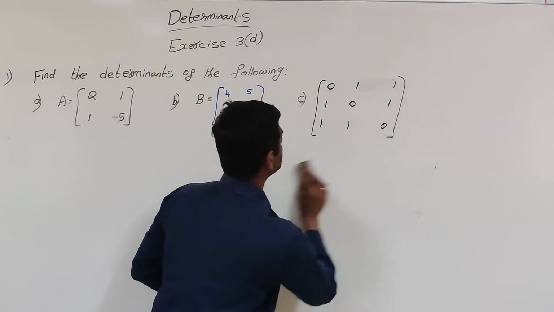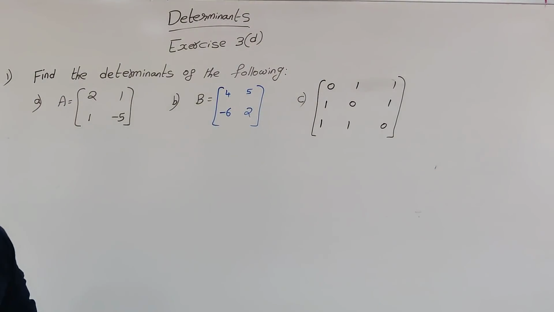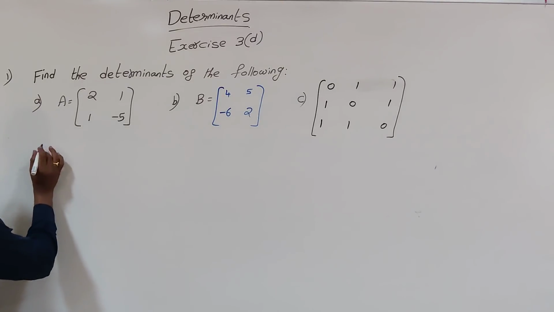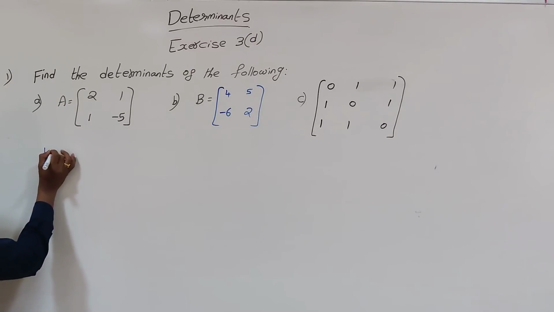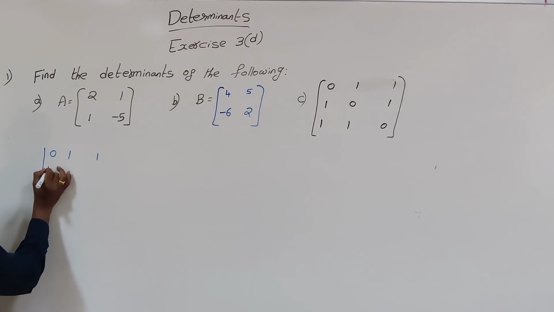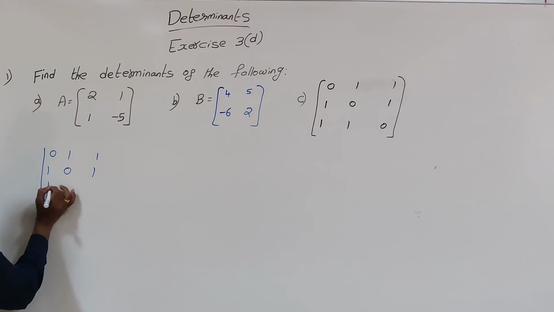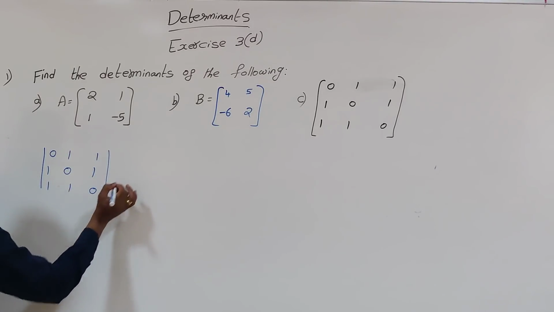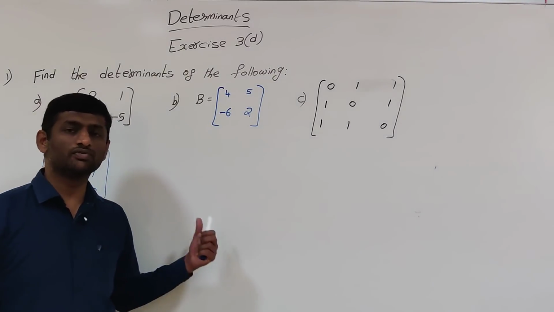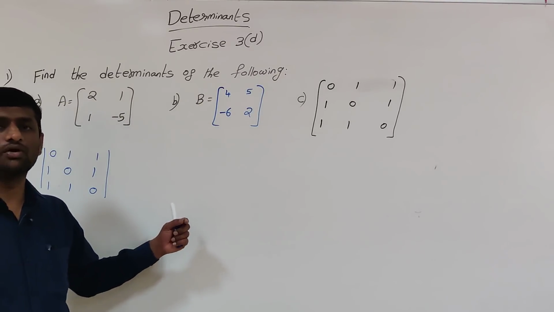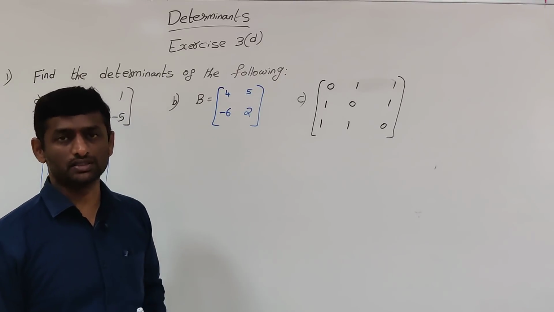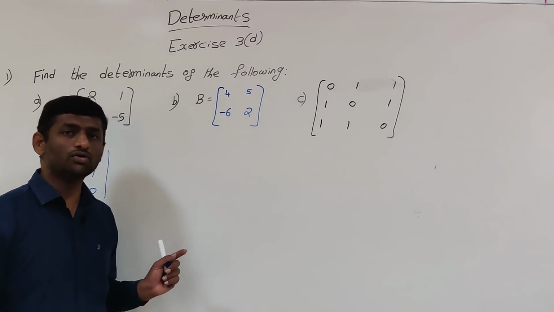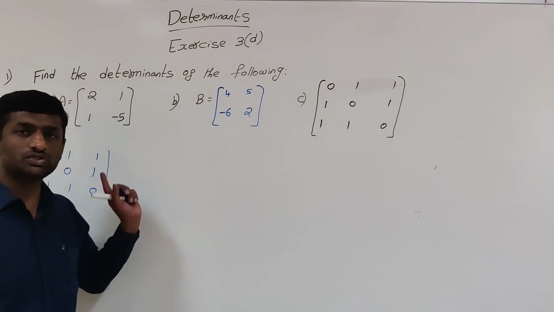We'll see the determinant of the matrix C. Determinant of 0, 1, 1, 1, 0, 1, 1, 1, 0. In order to find the determinant of a 3 by 3, it is the sum of the products of any row and corresponding cofactors. Any row, so let me choose the first row.